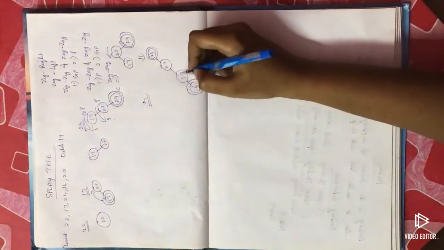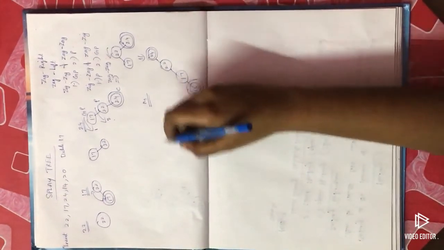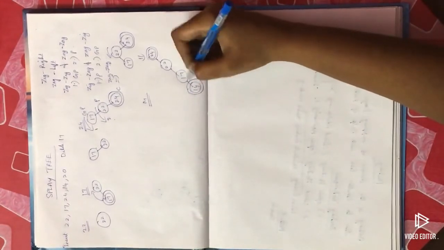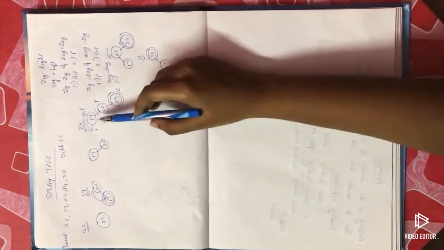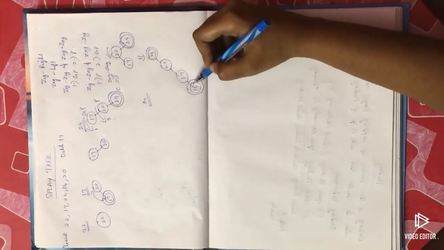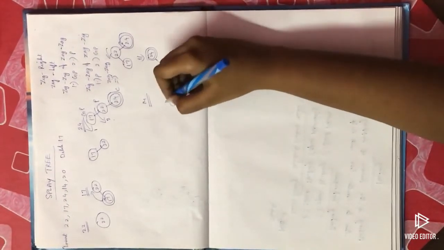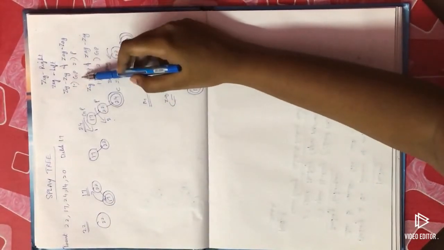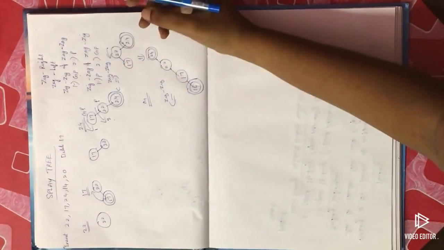What rotation do we have to follow? If your element is at the left side, we need to follow the zig-zig rotation. If the element is at the right side, we need to follow the zag-zag rotation. So here I need to follow the zig-zig rotation. In the zig-zig operation we first rotate the grandparent to the right side, then the parent to the right side.